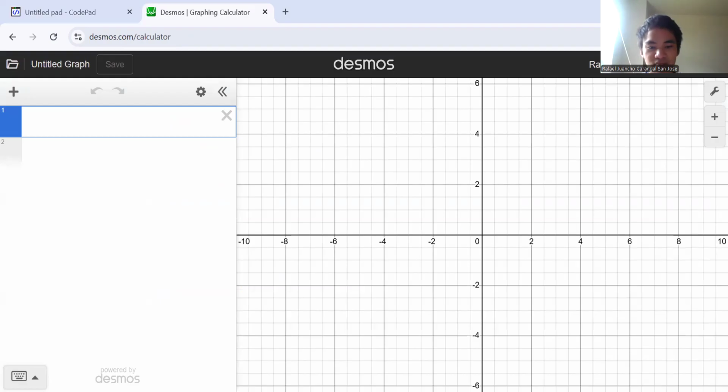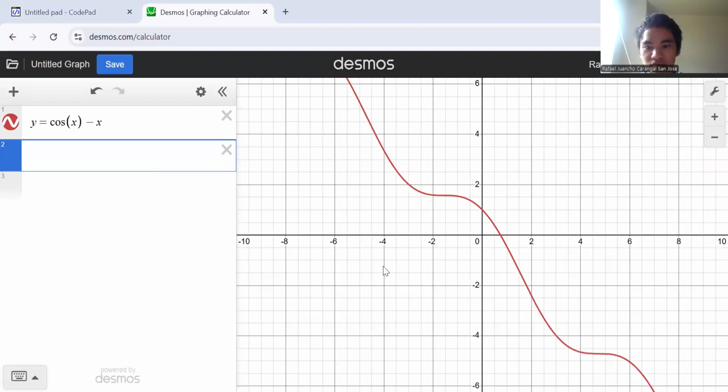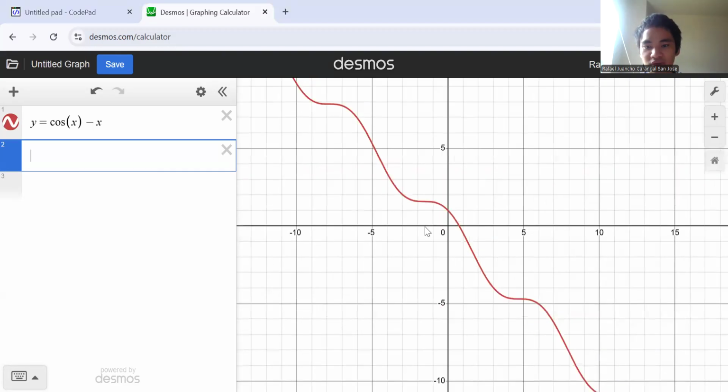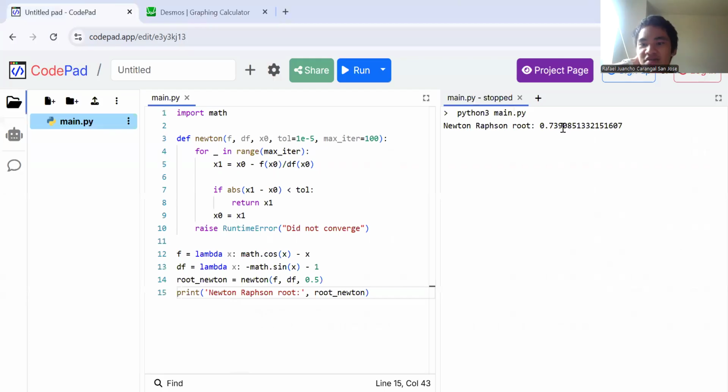What's my function again? I want to find the root of y equals cosine x minus x. So one solution is this one, like 0.73909, 0.7390.